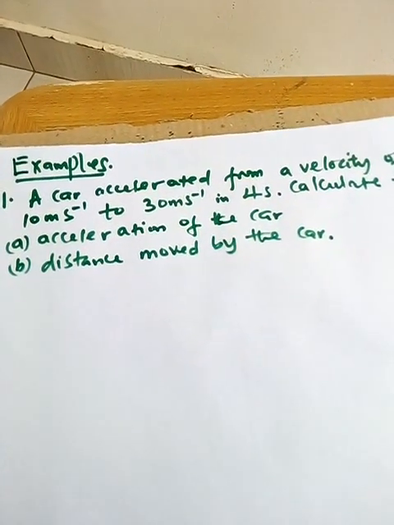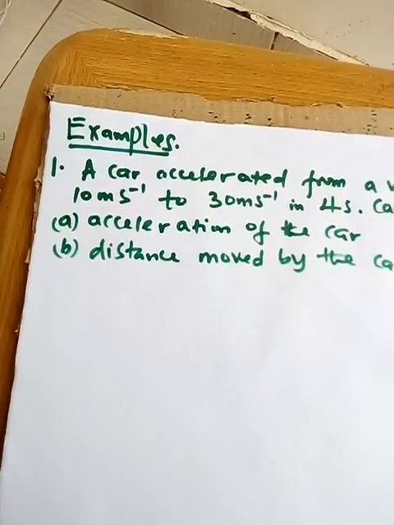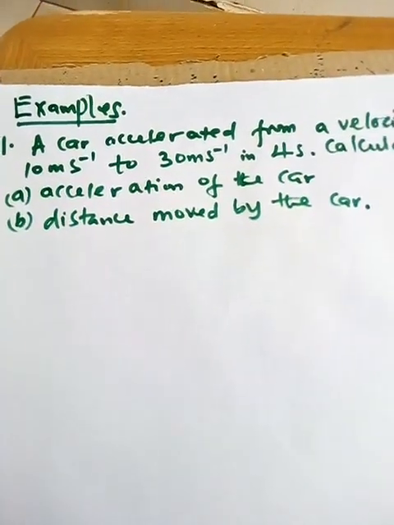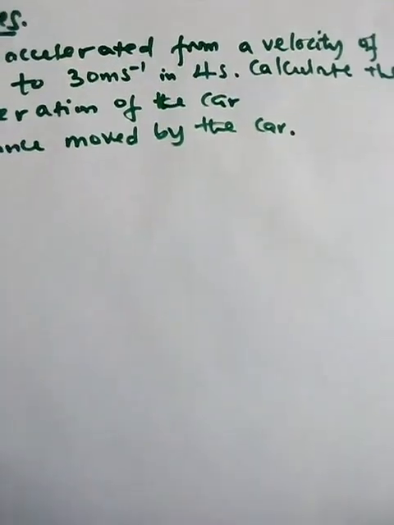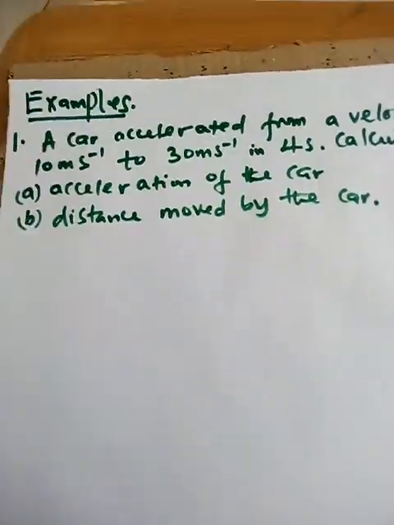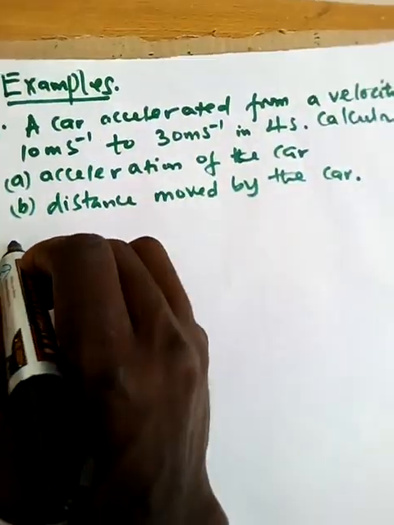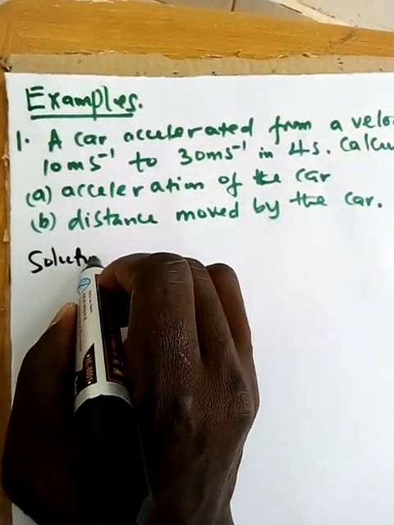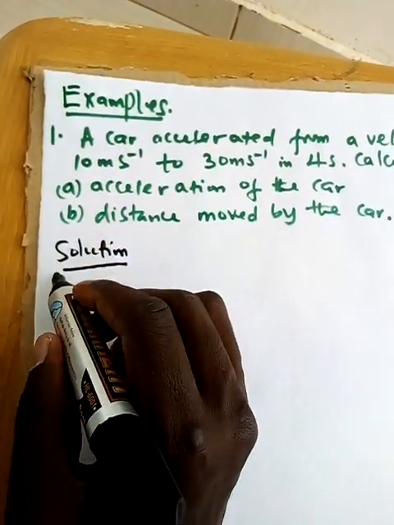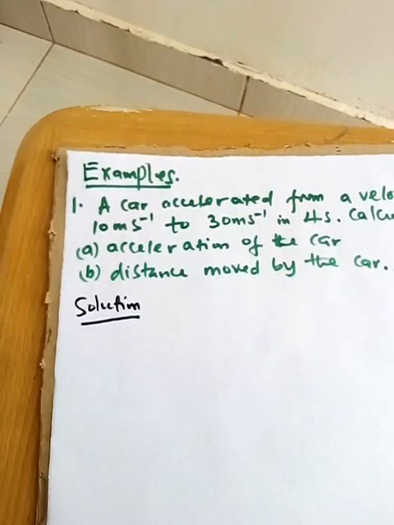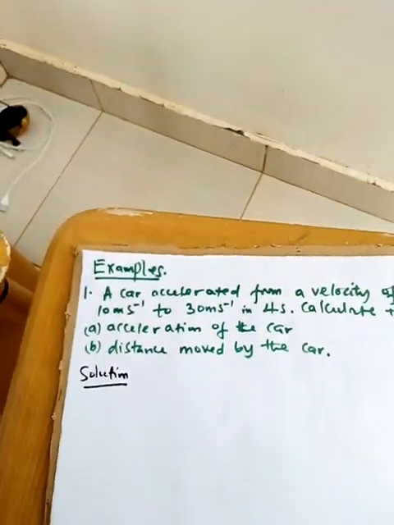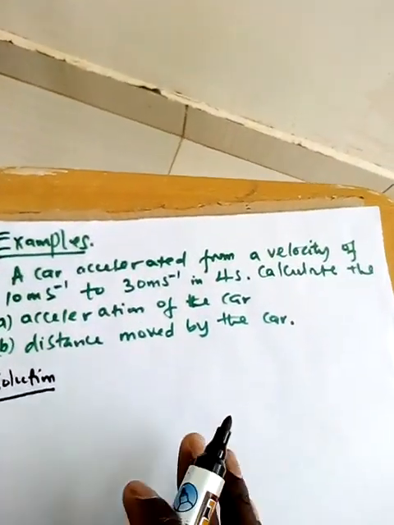Here it is always good sometimes to put down the terms that have been given and then get to know what exactly you're supposed to calculate. So in our solution, we are going to first put down what has been given in the question.